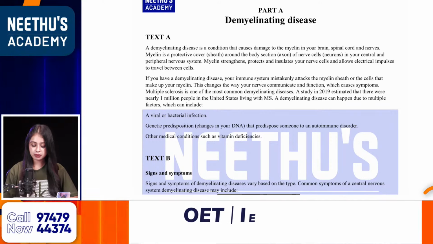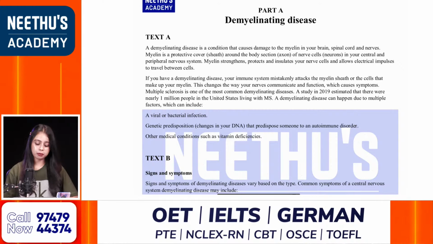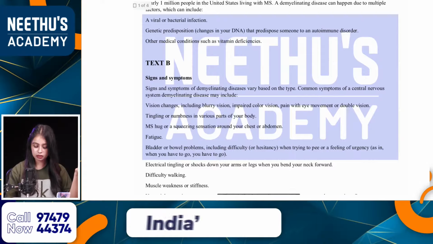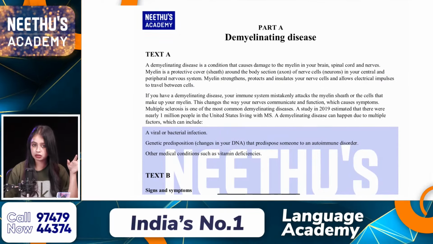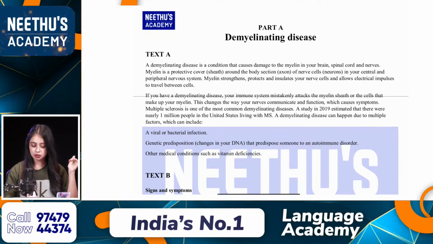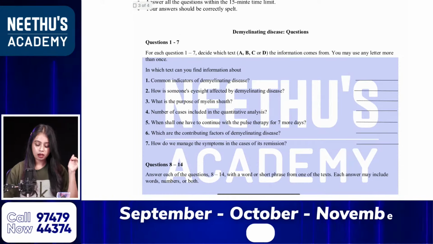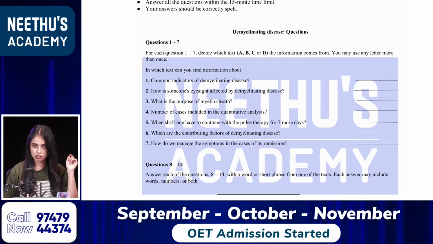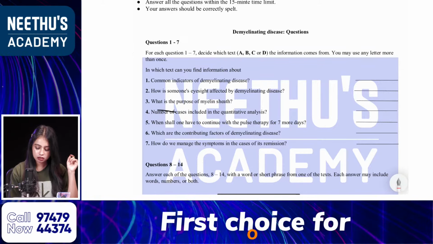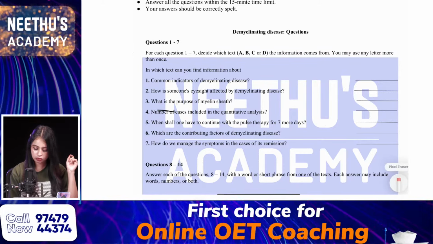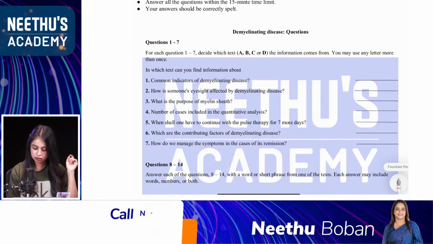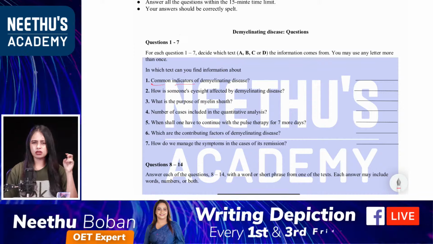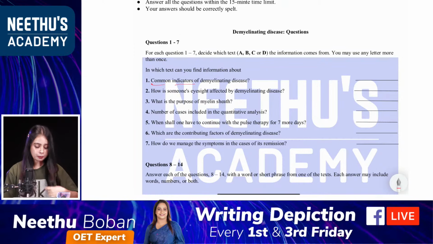Okay, so demyelinating disease. So I'm going to the first question. I hope you guys have underlined and read all these paragraphs before doing these question answers. So the first question: common indicators of demyelinating disease. My keywords, common indicators, only two keywords which I'm underlining.